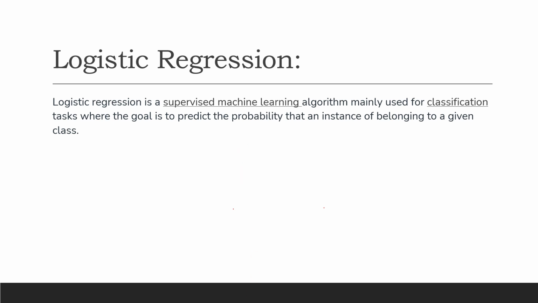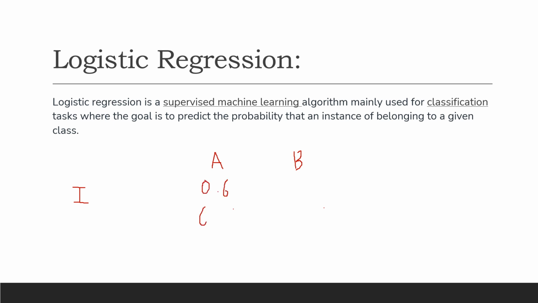For example, there are two classes A and B and there is an instance I. The logistic regression model tells us that the probability of the instance I belonging to class A is 0.6.